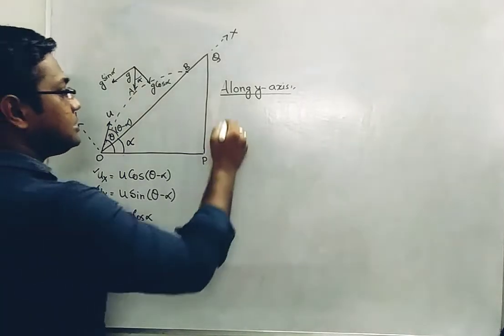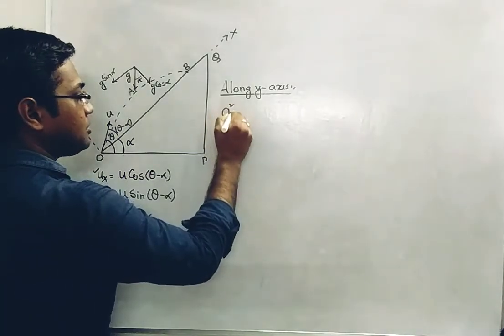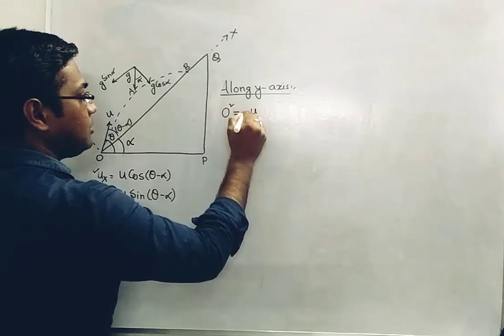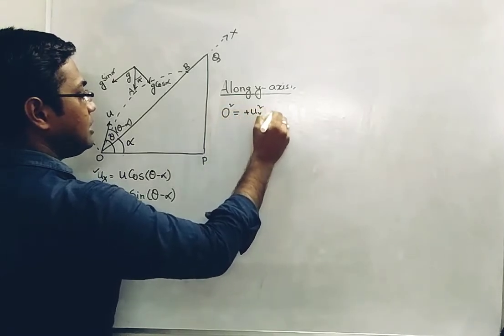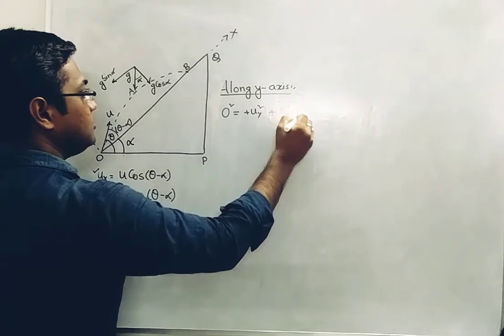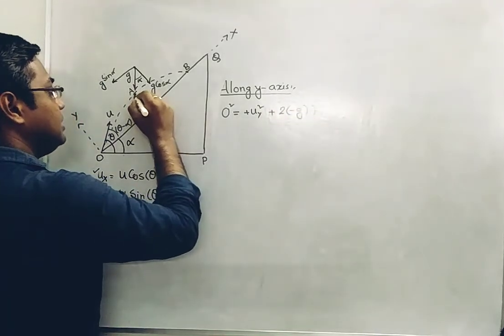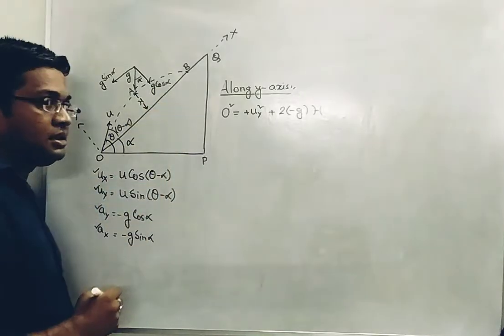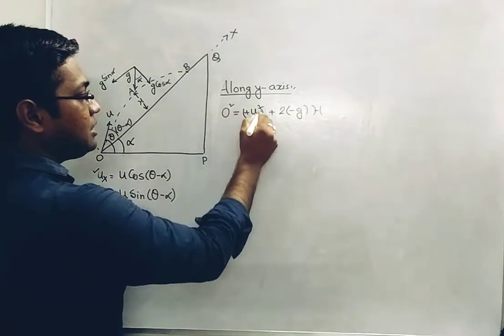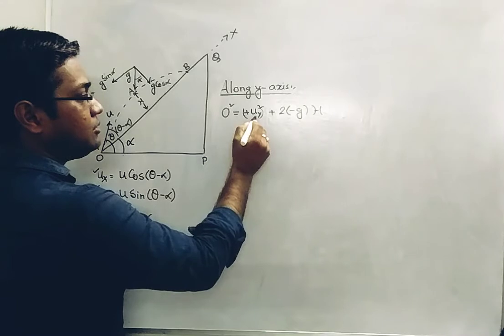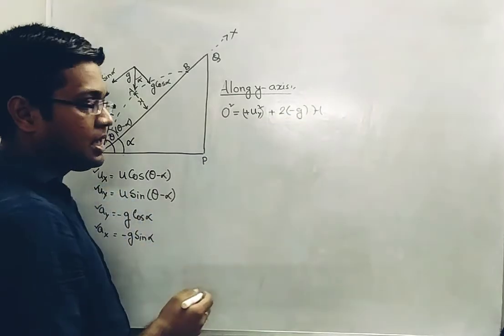So I can write 0 squared equals uy squared plus 2 times minus g times H, if H is the maximum height. Here we have used the equation v squared equals u squared plus 2as.